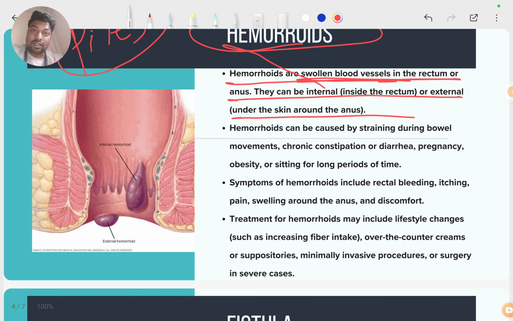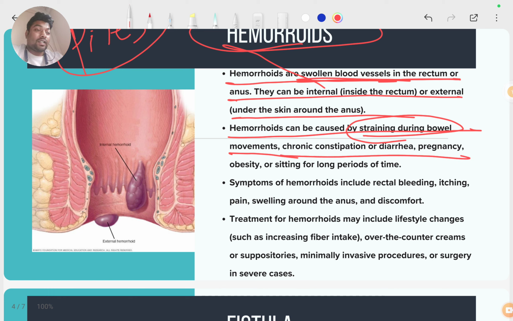Hemorrhoids can be caused by straining during bowel movements, so it can be caused due to straining and creating more pressure during stool passing, and then chronic constipation or diarrhea.